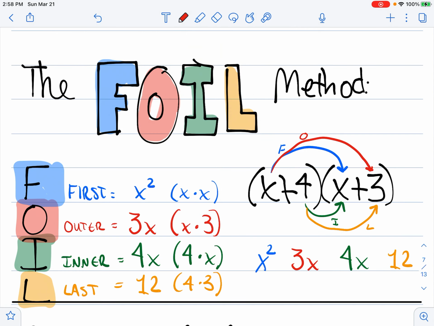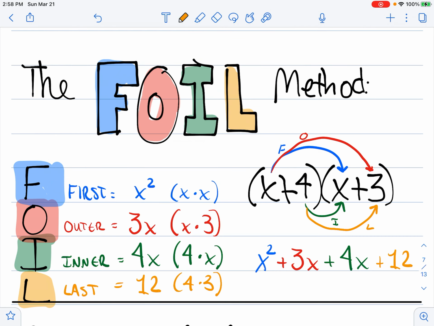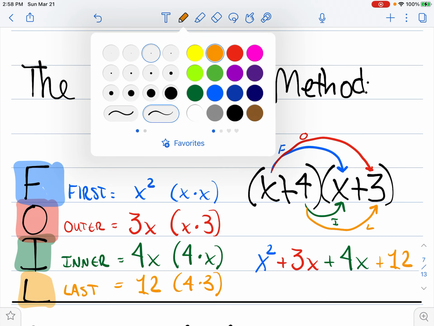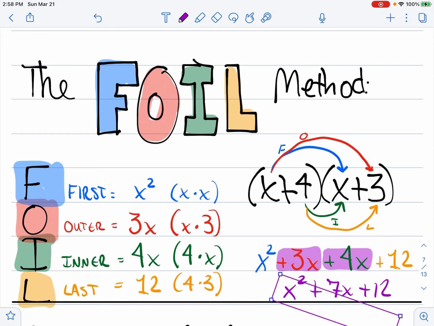So we have x squared plus 3x plus 4x plus 12. So what we will do is combine like terms. We can combine the 3x together with the 4x, and 3x plus 4x is 7x. So the final answer becomes x squared plus 7x plus 12. And that's how we multiply 2 binomials together.